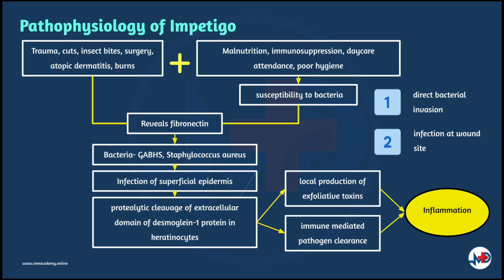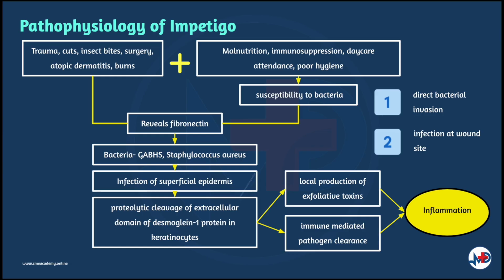Now, let's discuss the pathophysiology of both impetigo and cellulitis. Primary impetigo occurs when normal skin is affected by direct bacterial invasion, and secondary impetigo occurs as a result of infection at the previous site of the skin wound. Bacterial infection is usually caused by group A beta hemolytic streptococcal bacteria and Staphylococcus aureus. The infection is commonly due to the local production of exfoliative toxins, leading to immune-mediated pathogen clearance.